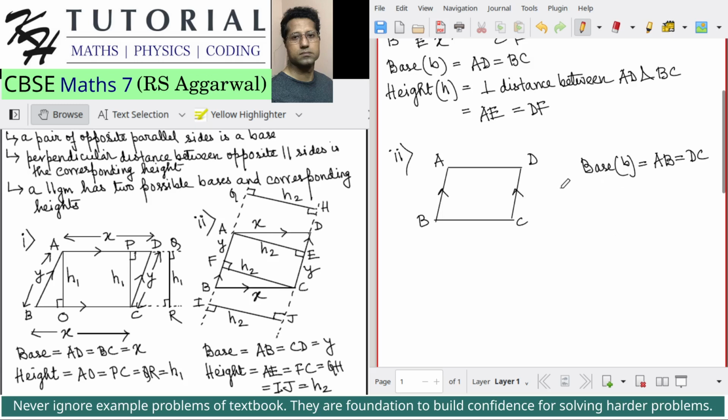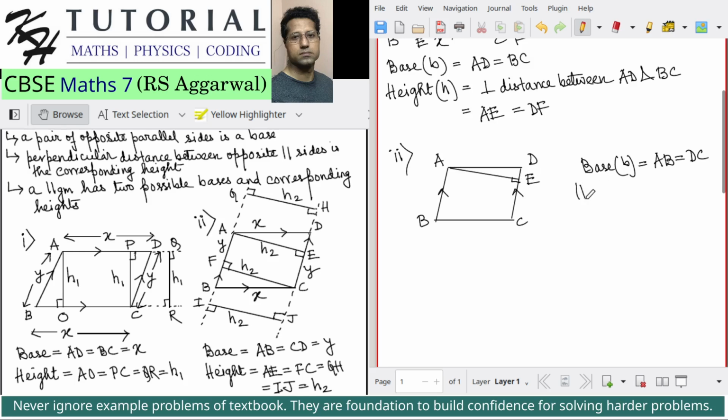Okay. Now what will be the height? Definitely the corresponding height will be the perpendicular distance between the opposite parallel sides AB and DC. So from vertex A, I can draw a perpendicular on the side DC. Let's say this is AE.